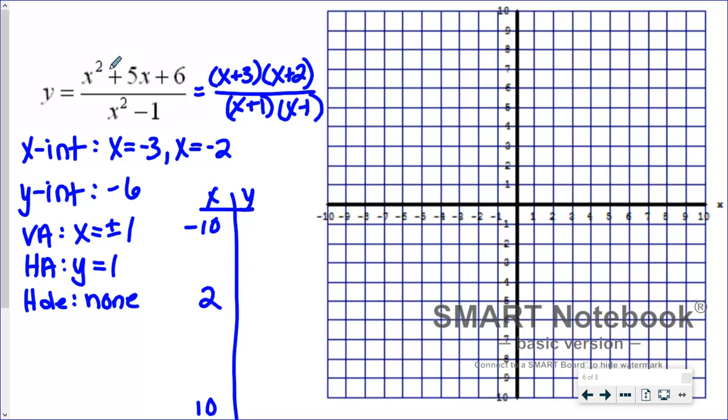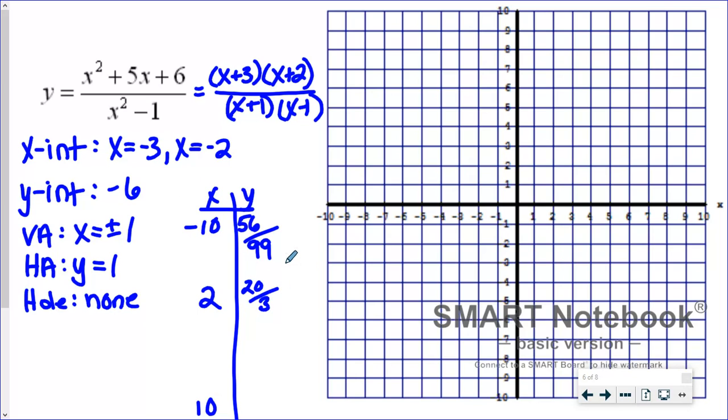So when I plug negative 10 in here, we're going to get 100 minus 50 is 50, plus 6 is 56, over 100 minus 1 is 99. All right, and you can estimate that. Obviously, points don't have to be super specific here. That's just a little bit over 1/2. If I plug 2 in, we get 4 plus 10 plus 6 is 20, over 4 minus 1 is 3.